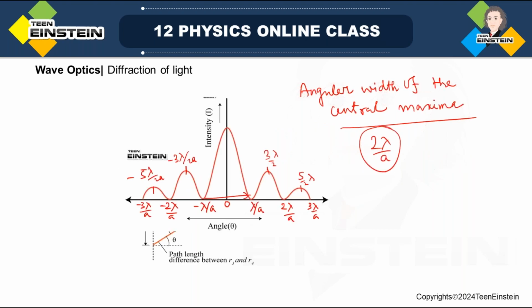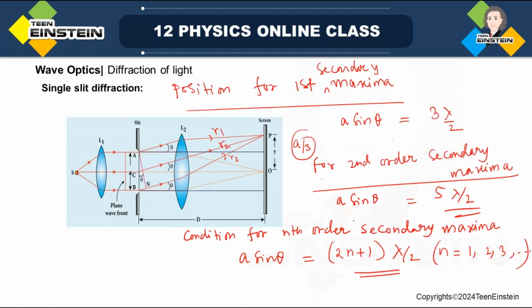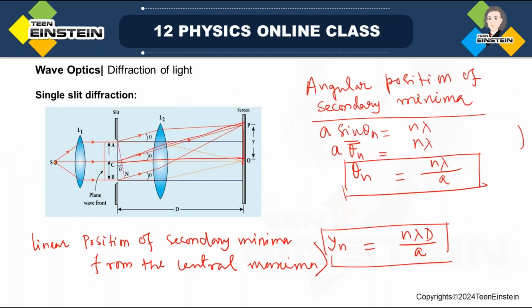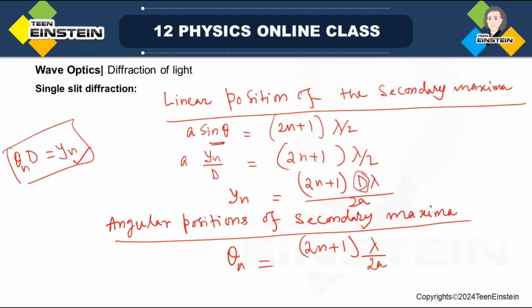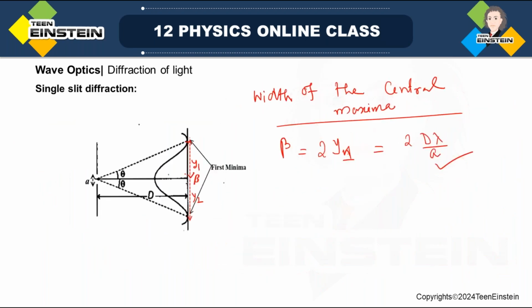So this is the condition we have written already. Position of, see, this is for d lambda by a, so y1 means d lambda by a. So this into 2, that will give you the linear width or fringe width of the central maxima.